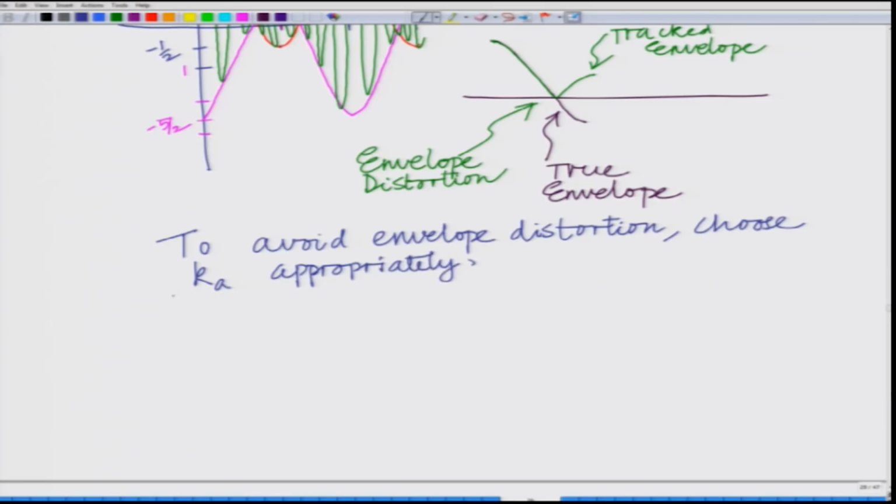In particular, one must have 1 plus Ka m(t) greater than or equal to 0, alright. This is the condition, correct. The envelope has to be greater than or equal to 0. This is the condition for no distortion.